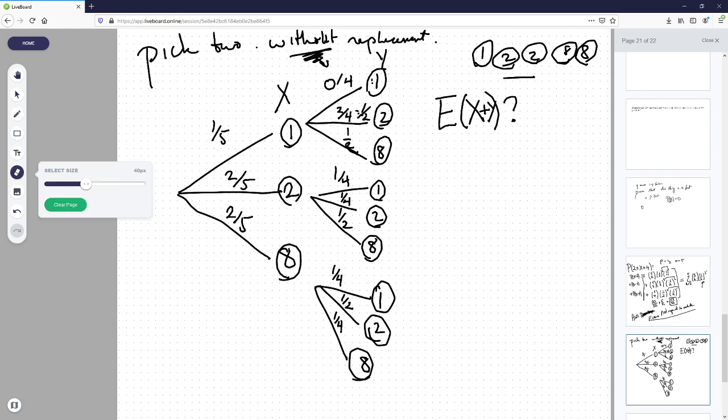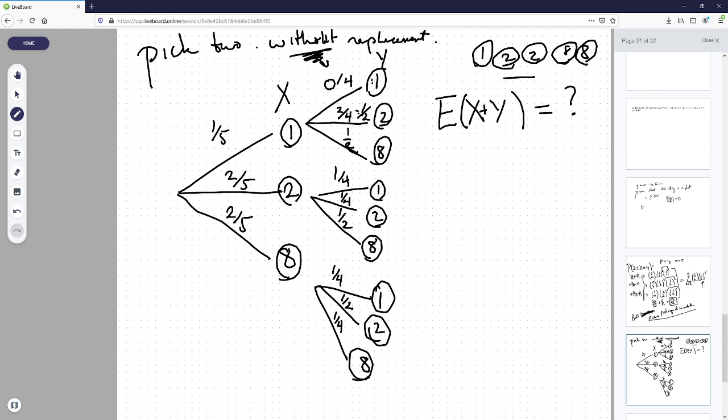So we want the expected value of the first pick plus the second pick. And so what is the value of picking 2 1s? Well, technically that would be a 2, but it's multiplied by a 0, so we don't have that one.